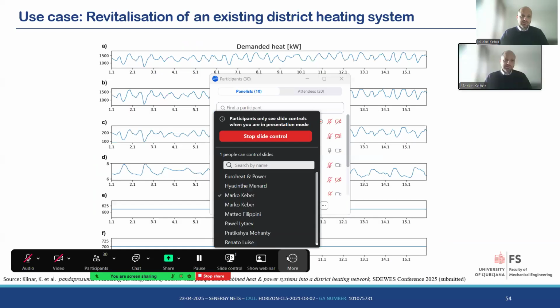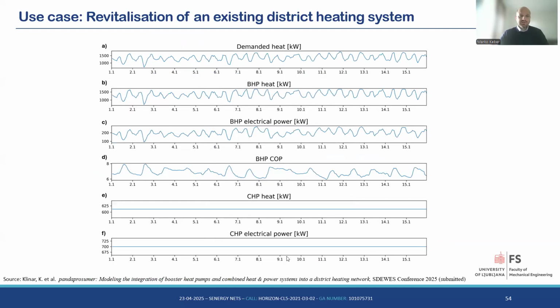To give you an idea of the results that we got, please keep in mind that these are preliminary results. Obviously, we are still working on it and trying to optimize the system. But you can get the idea of what it looks like.